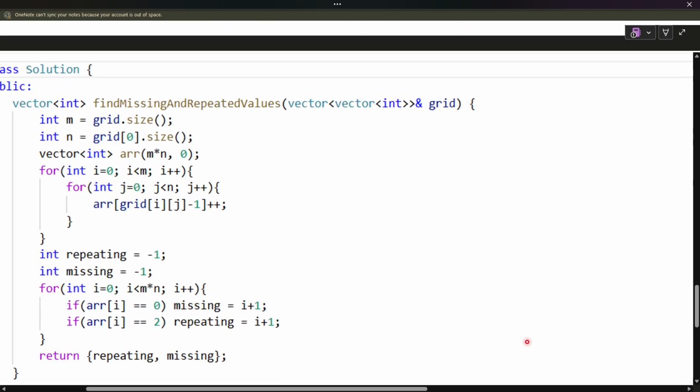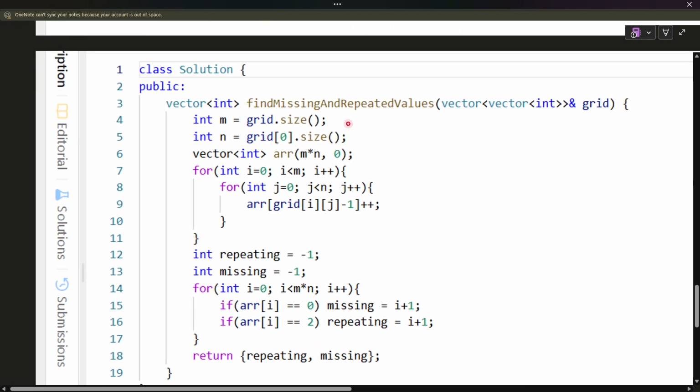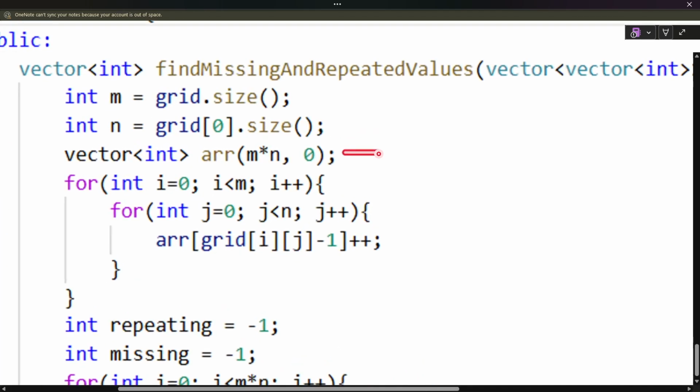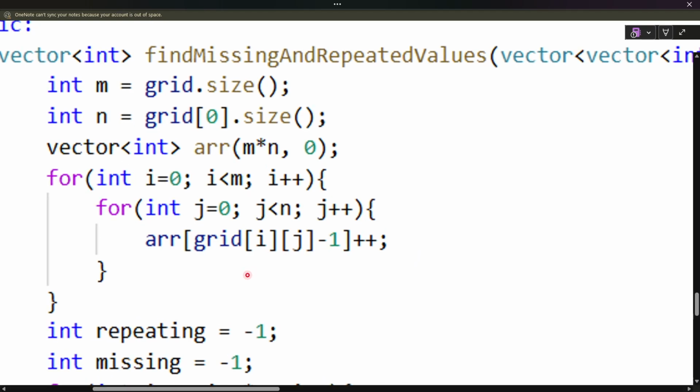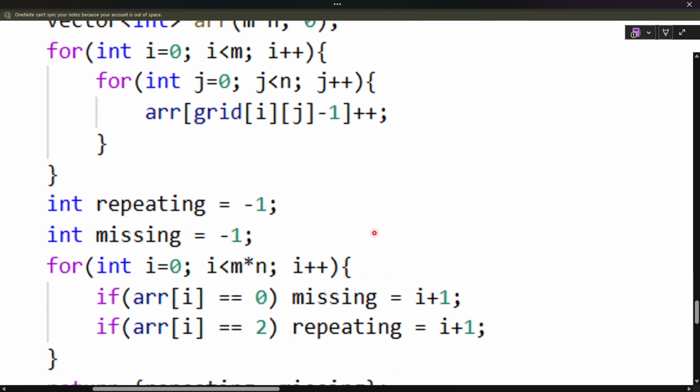First of all, here we have calculated the size. I have taken it separately; you can also just calculate the m or the n. The array size will be m into n, because that many elements will be there. Now we have started iterating the 2D grid, and here is the L minus 1. We are just calculating the frequency here.